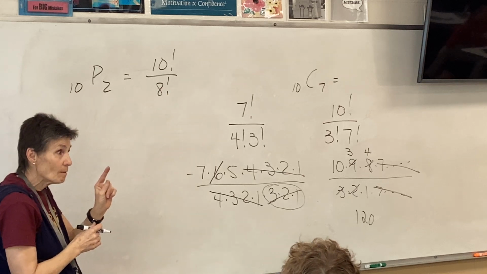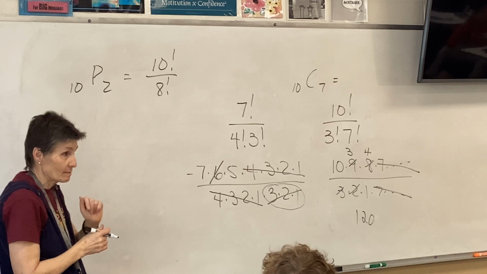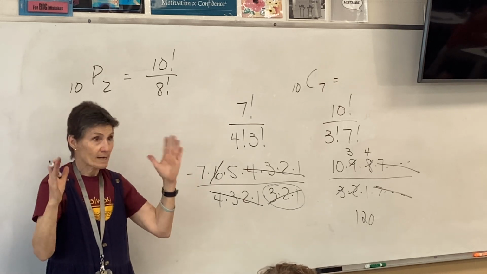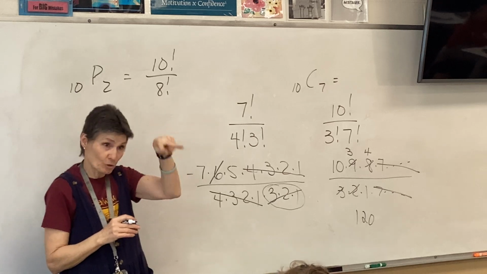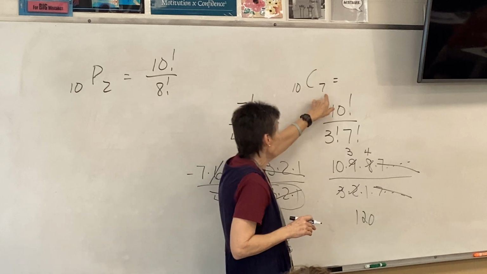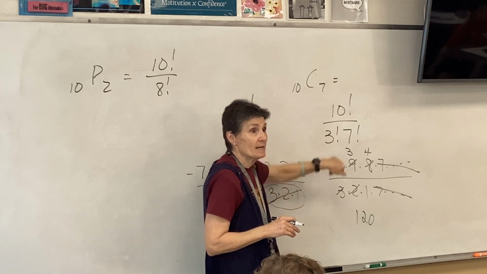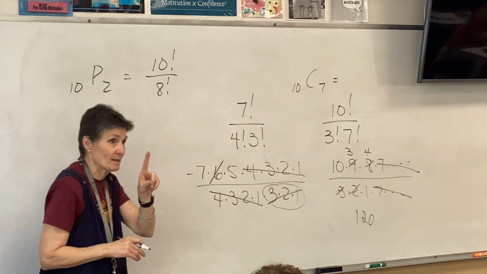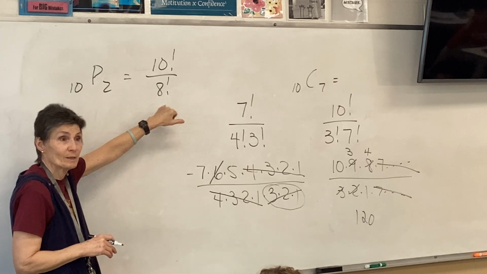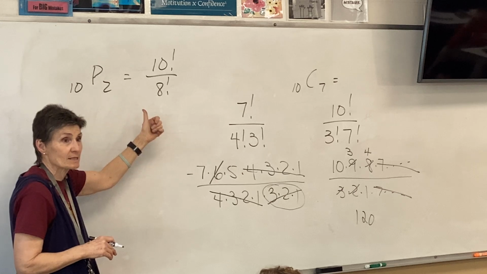Where did that 8 come from? Minus. Yep, we minus. So, you gotta keep this straight. With the C problem, there's 2 things in the denominator. The number and the minus. In a P problem, there's 1 thing in the denominator, and it's only the minus. The 2 isn't in here, it's just the minus.